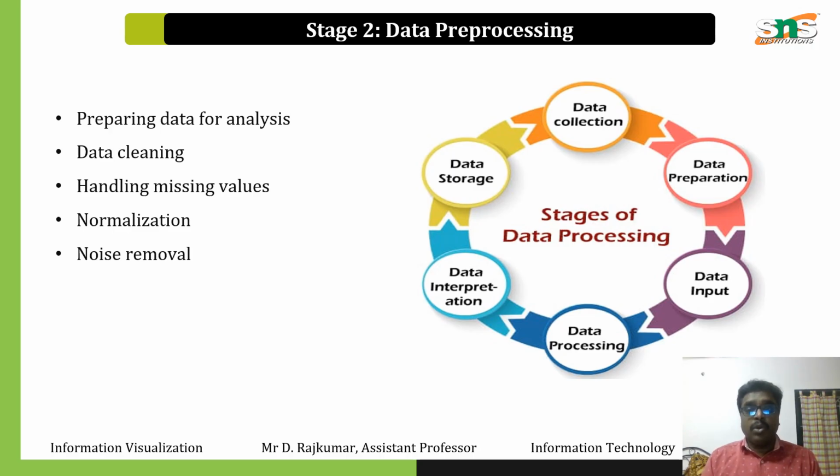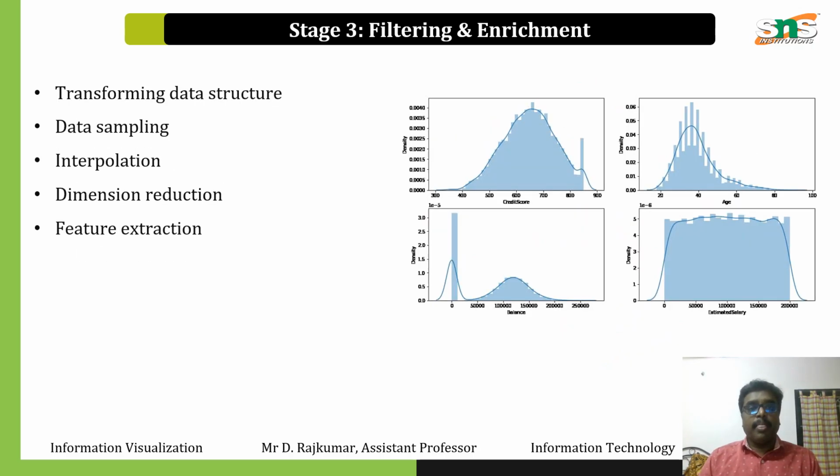There will also be some outliers which may not be needed for our applications or our decision making process, and which may lead to difficult situations. So we will be removing all the data which are not needed for our process using the noise removal process. Next one is filtering and enrichment.